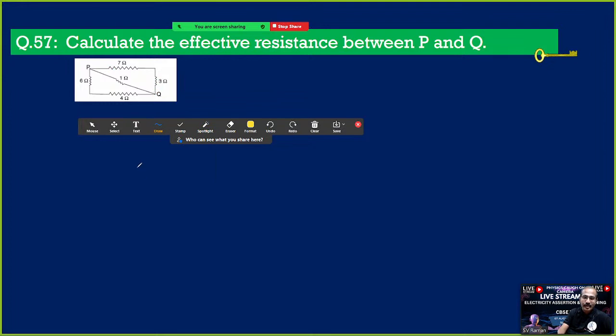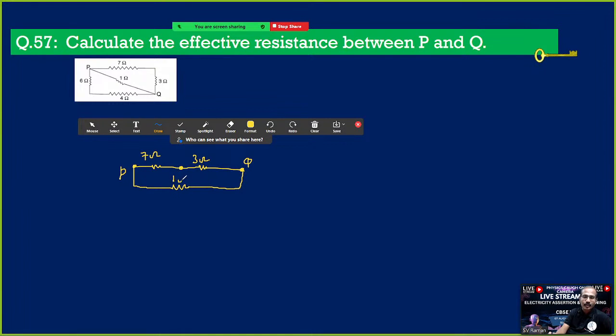Now I am redrawing from point P to Q. So here 7 ohms and 3 ohms. This point is Q. The top line I mentioned, that is the way. And P to Q directly, there is a direct connection over here.